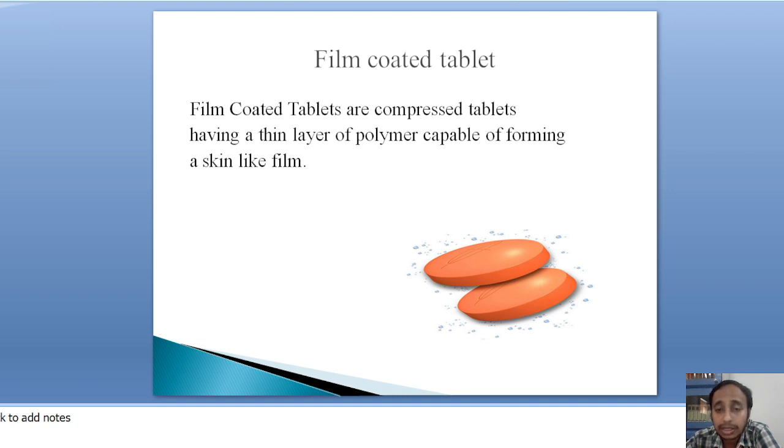Unlike sugar coating, this film coating is very shiny, means it is elegant. It provides elegance to the tablet. The appearance will be good because film coated tablets are compressed tablets having a thin layer of polymer capable of forming a skin like film. Understand? So here we are discussing the film coated tablet.